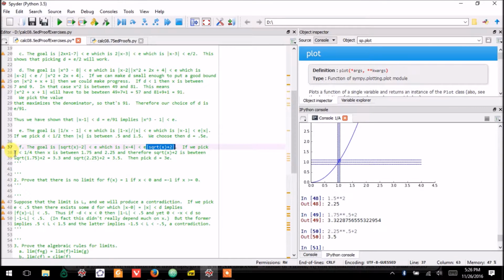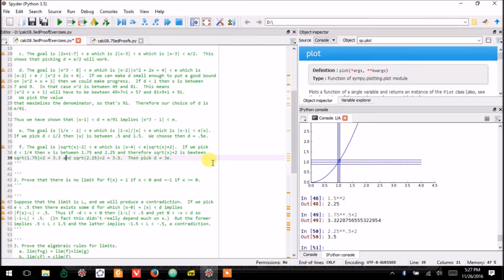So we restrict d to, say, 1/4, why not? And that puts these bounds on x. That means that square root x is between approximately 3.3 and 3.5, but we could just pick 3 to be on the safe side. That'll definitely minimize this quantity, and so that's the solution to the problem, is picking d equals 3e.